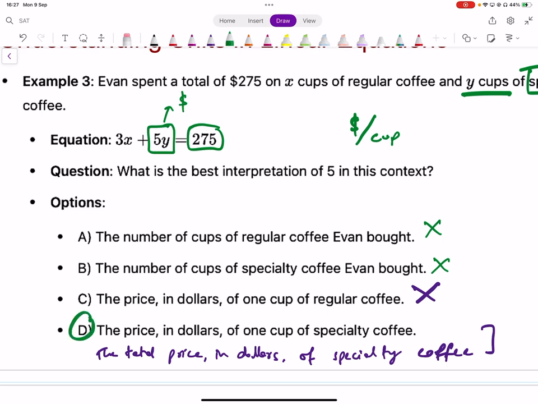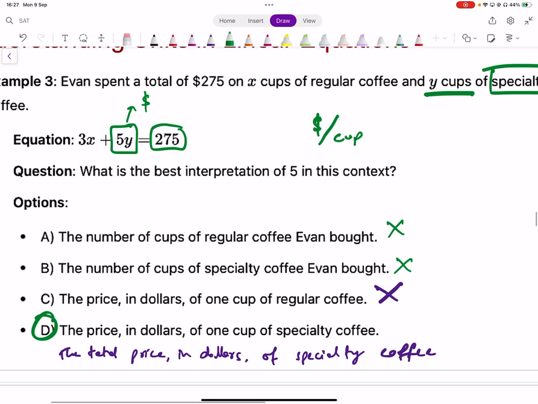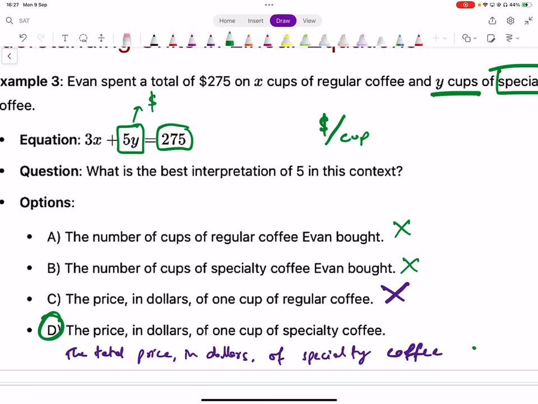That's the unit in D, right? What's the unit when we talk about the total price in dollars of specialty coffee? This unit is just dollars, and this is dollars per cup. Now, the unit for this whole thing is dollars. Unit for 5y, that complete thing is supposed to be dollars, because on the right side you have dollars. So the unit of this whole 5y will be dollars.